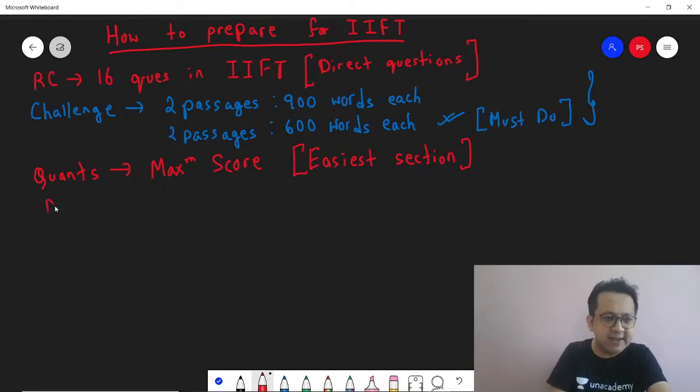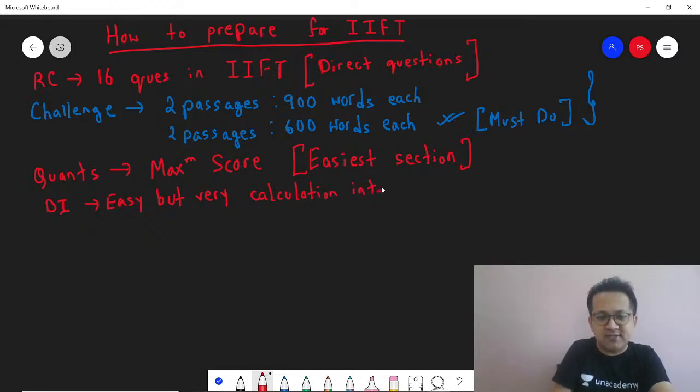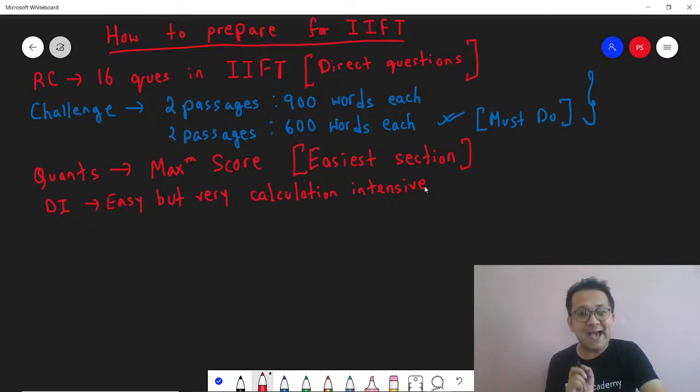Next, DI. The good part is it is easy. But the problem is it is very calculation intensive. So unless you are super fast in calculations, don't try to attempt the DI sets first.